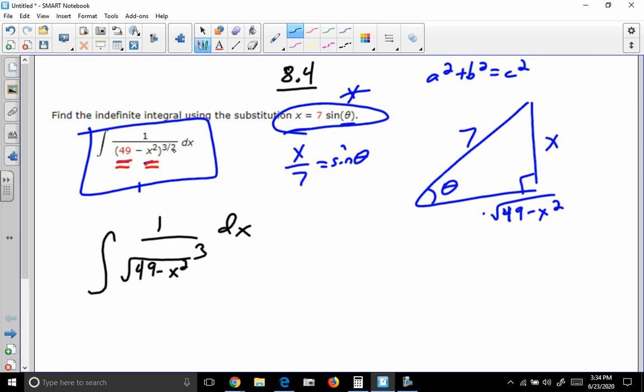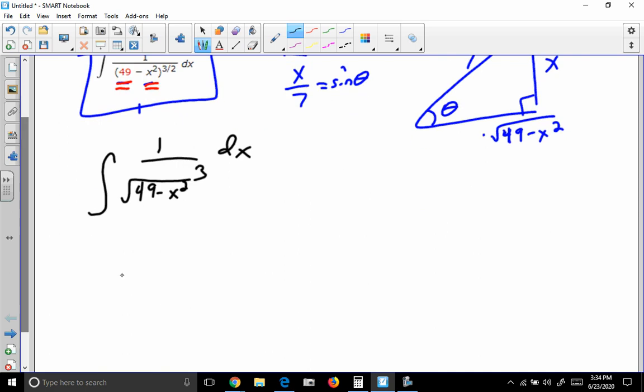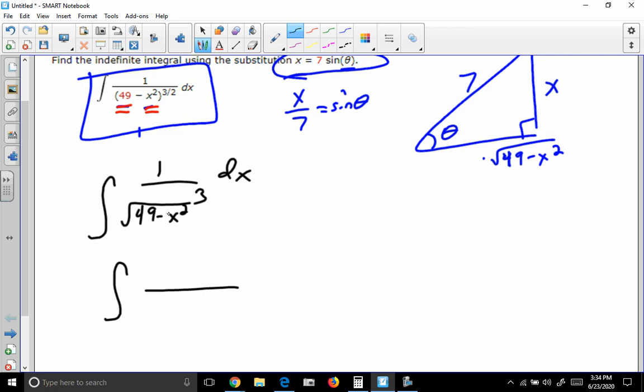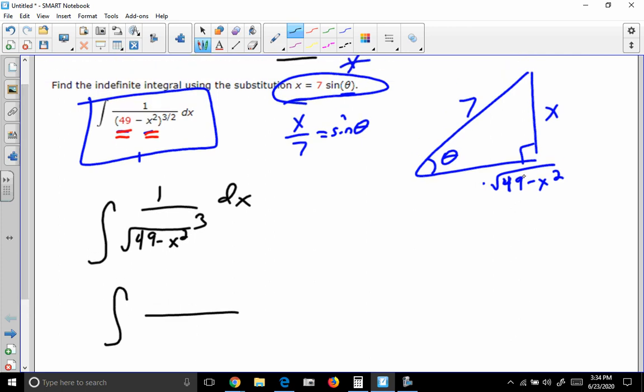The 2 on bottom tells us we're taking the square root. The 3 tells us that's to the third power. So on bottom, instead of calling this the square root of 49 minus x squared, we can come up with a trigonometric expression to replace that with.